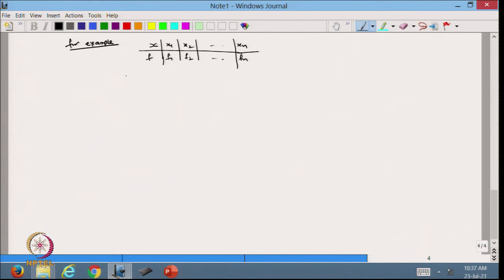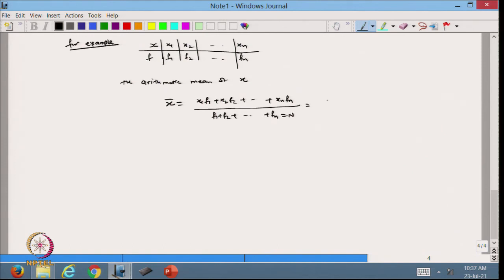Then we know that the arithmetic mean of x, we write by taking x1 f1 plus x2 f2 up to xn fn, divided by the total frequencies, and suppose this is equal to n.